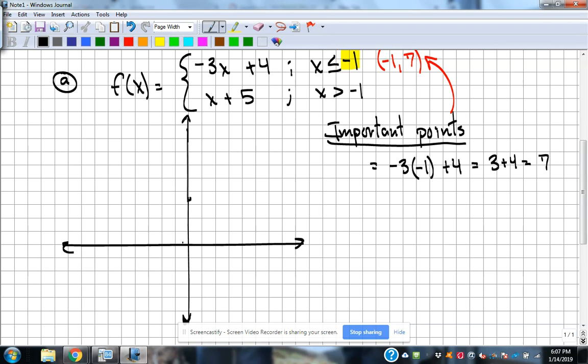So that would be to the left 1 and then go up 7. 1, 2, 3, 4, 5, 6, 7. Yeah, that's right. So that point is there. I'm going to put a filled in dot there because the inequality has an equal to mark on it. If it doesn't have an equal to mark, then we're going to put an open circle. That's an important part of drawing these things.